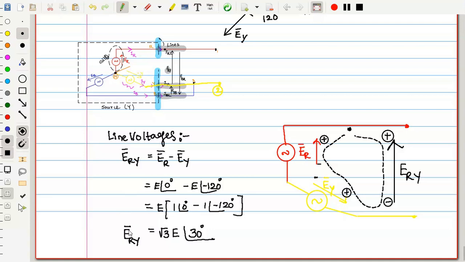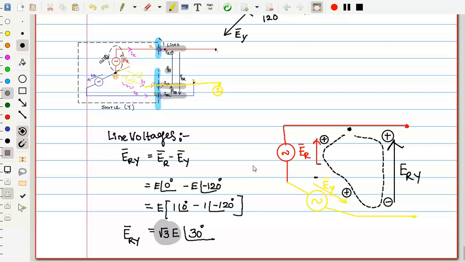Line voltage magnitude is equal to root 3 times the phase voltage, and the angle is plus 30 degrees. We will plot the phasor diagram also a little later. This is the magnitude. So that should be very clear to you.